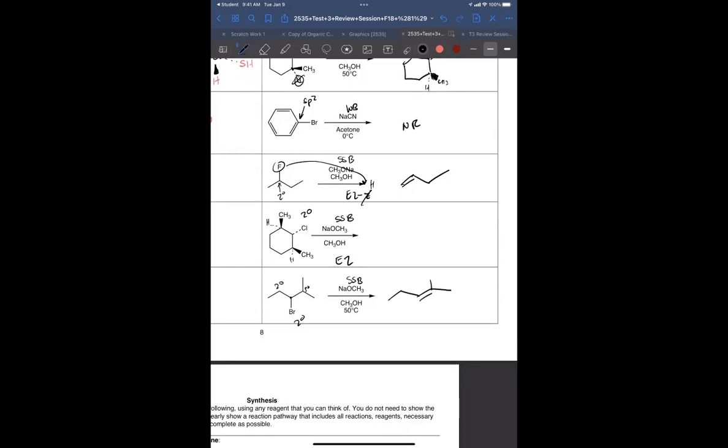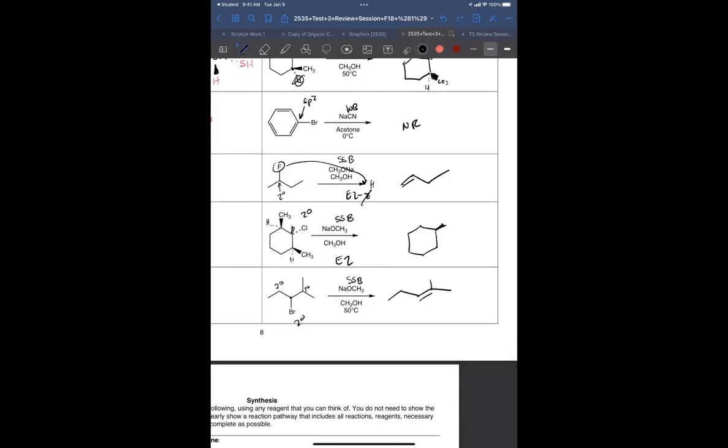There's no methyl group here, so there's no applicable beta hydrogens. What can it do? Would it be no reaction? Not necessarily. It would do SN2, because they can do SN2, albeit very slowly. They will.